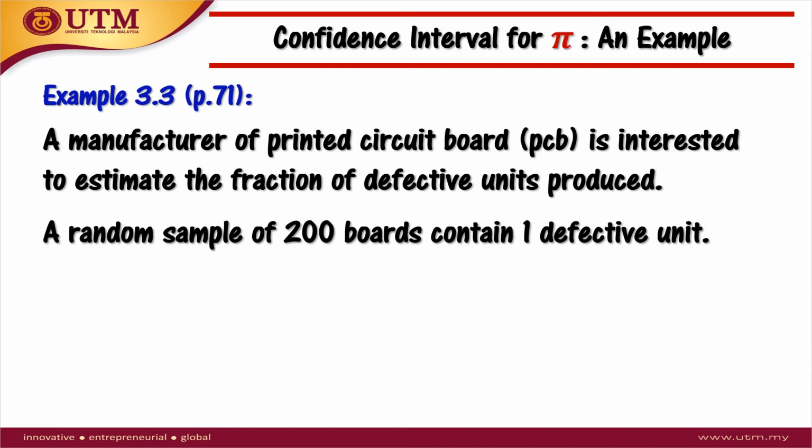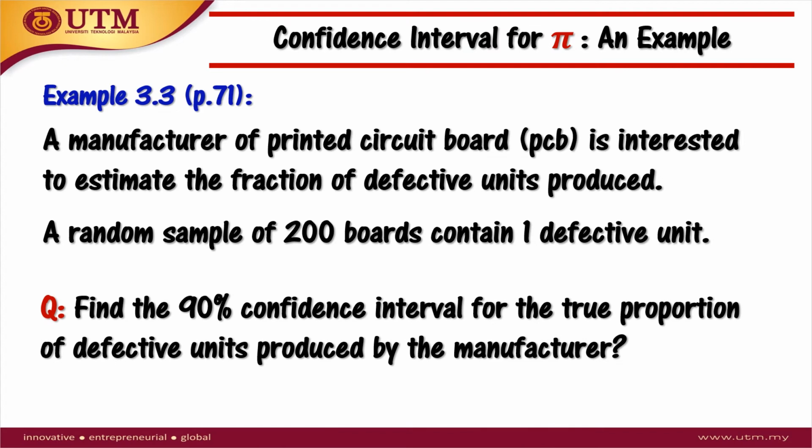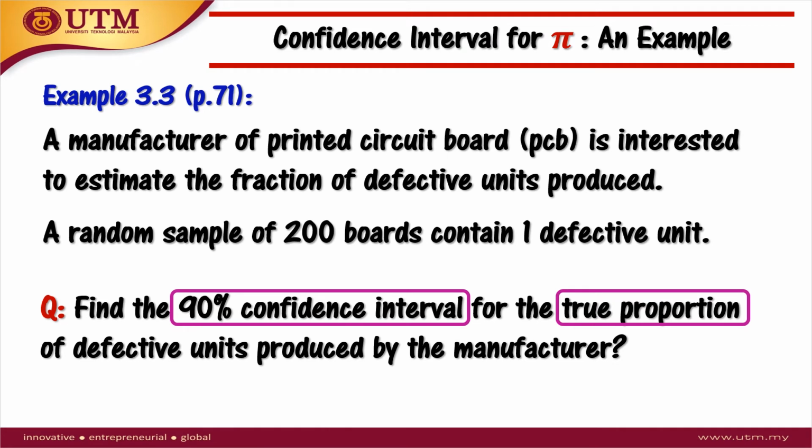The question this time is, find the 90% confidence interval for the true proportion of defective units produced by the manufacturer. To answer this question, we may follow the steps that I suggested in the earlier session when we dealt with constructing the confidence interval for an unknown population mean mu. Let us recall the steps in the next slide.